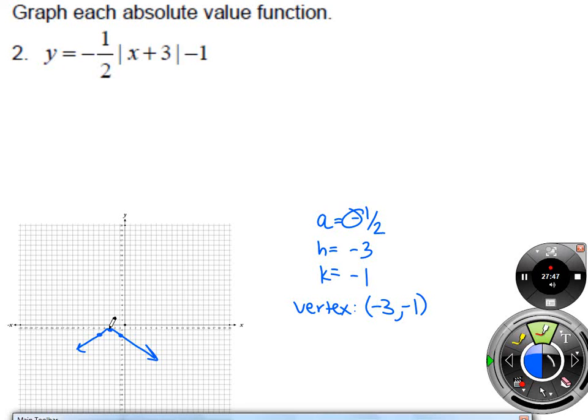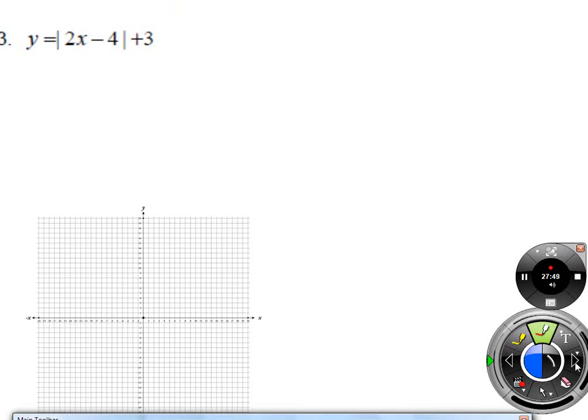All right, the last thing I want to look at before you guys leave is what if it's not set up the way that you would want it set up, okay? So what's wrong with what's up here, so to speak? Yes? Yeah, the A is inside the absolute value. Sometimes with some functions, it's very easy to get the A value outside of the function. Other times it's very difficult.